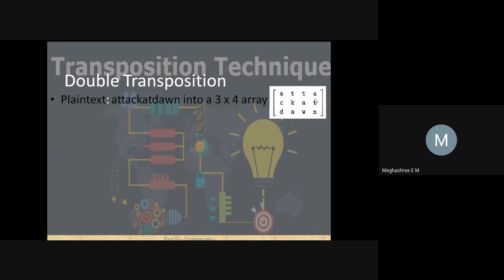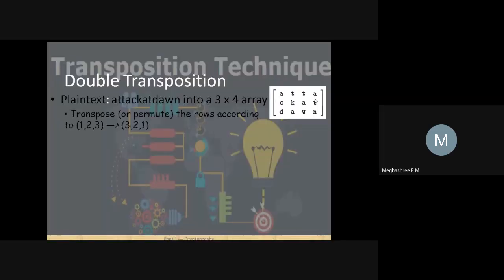The next step is we have to permute the rows, right, according to the specified permutation. Here, transpose, or you can say permute, the rows according to the specified permutation.